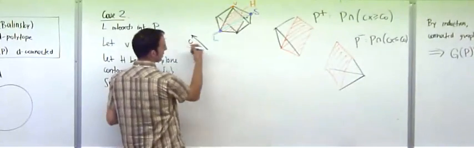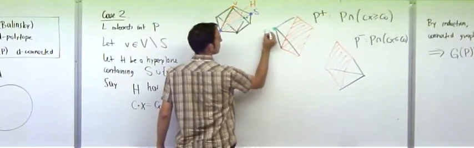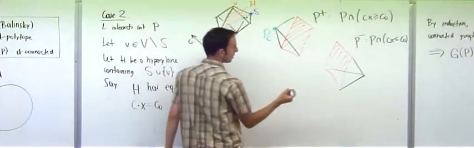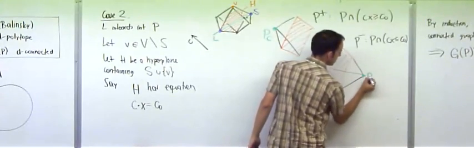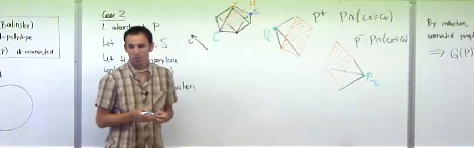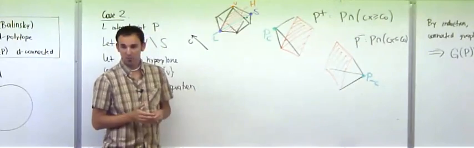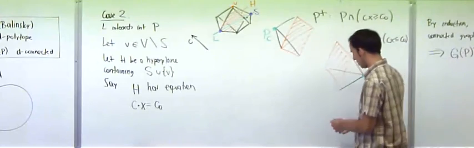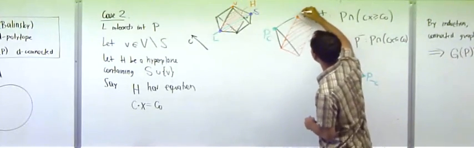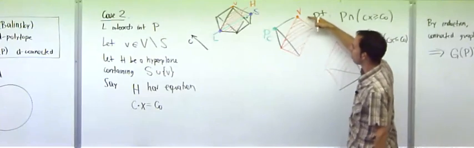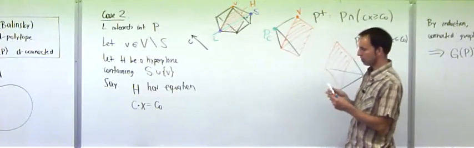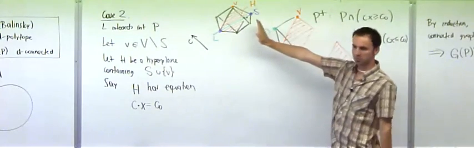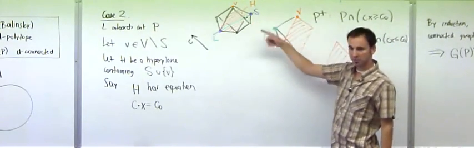But if you consider the maximal direction in this face, P sub C, and the minimal direction in this face, P sub minus C, then by the same argument that I just made, you can walk from V all the way down to P sub C. The argument that I just made basically says that all of this polytope is connected to P sub C. And by induction, P sub C is connected.